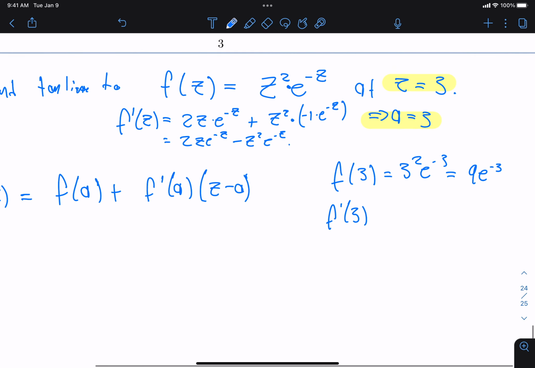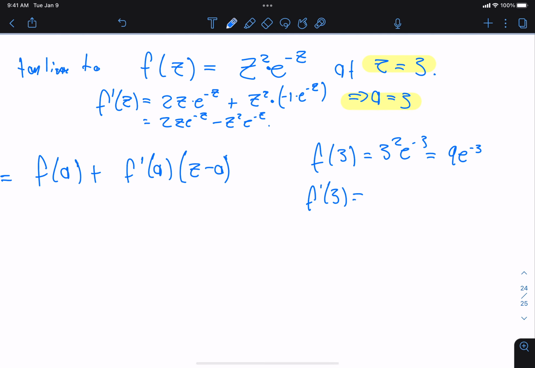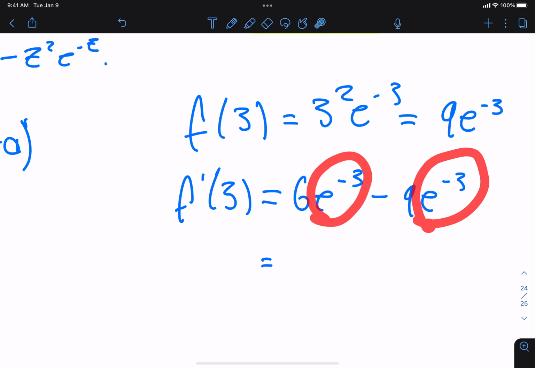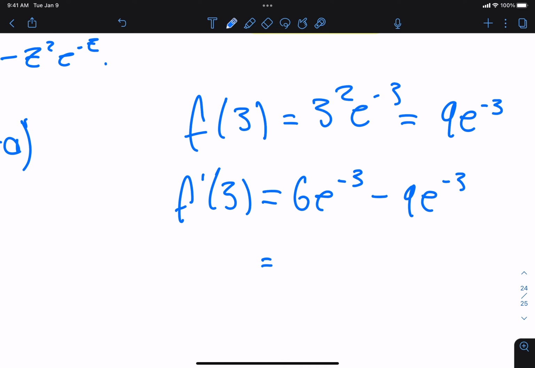So to find f prime of 3, I just plug in 3, so I get 6 e to the minus 3 minus 9 e to the minus 3. Which, if you have 6 apples and you take away 9 apples, I have negative 3 apples. By combining like terms.